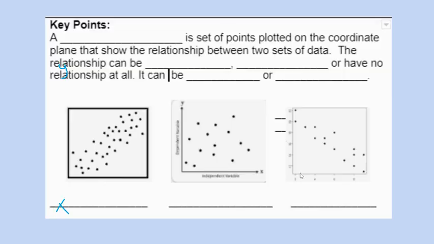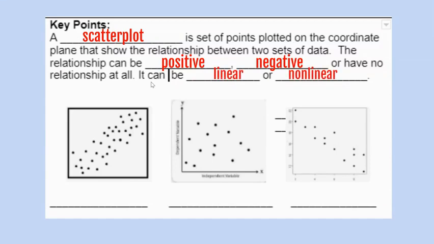All right, key points. A scatter plot is a set of points plotted on a coordinate plane that shows the relationship between two sets of data. The relationship can be positive or negative, or have no relationship at all. It can also be linear and nonlinear.